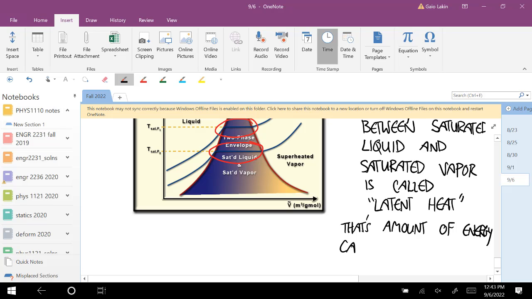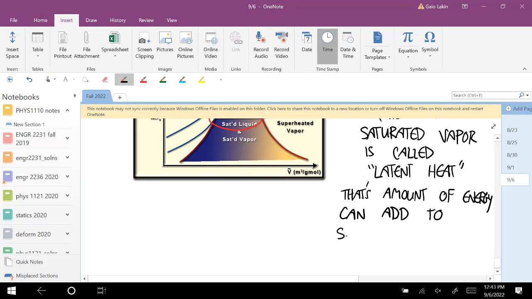The amount of energy you can add to a saturated liquid without increasing the temperature.